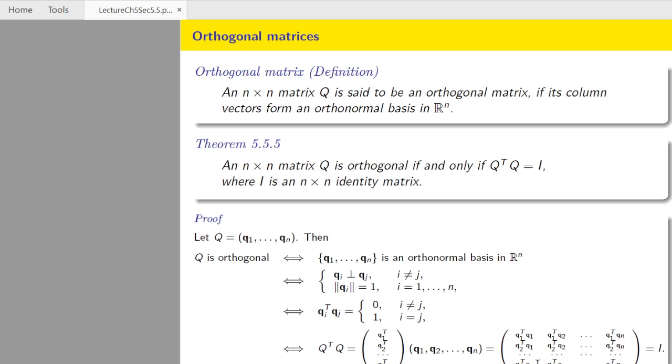So in this way we get that this matrix here is the n by n identity matrix. So in this way we showed the transpose of Q times Q equals the n by n identity matrix.